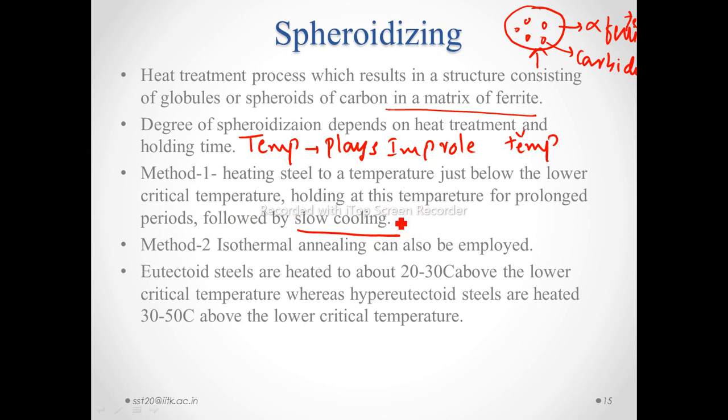This will result in a globular structure. The carbides will dissolve because we are taking a long duration of time. And the second method is isothermal annealing, from which we can also get the globular structure.